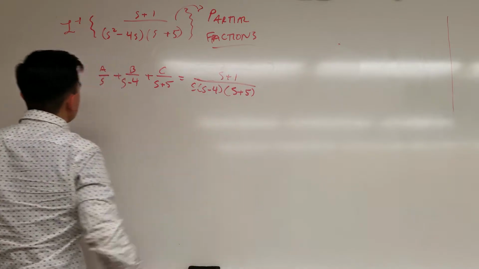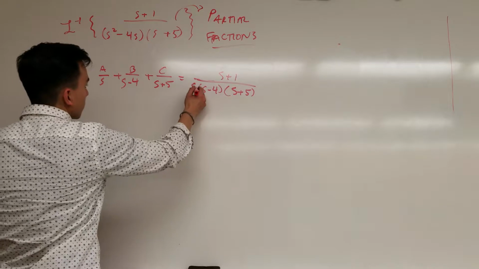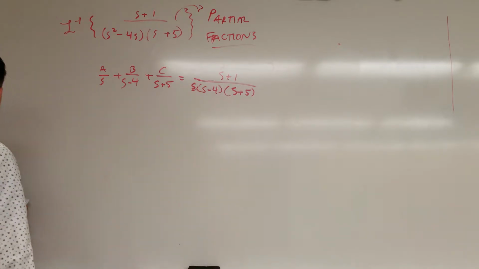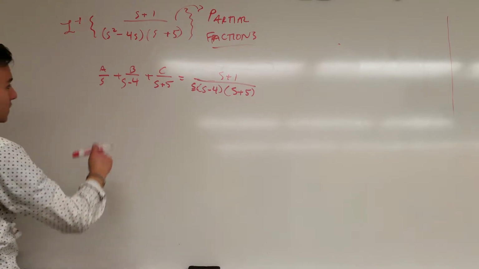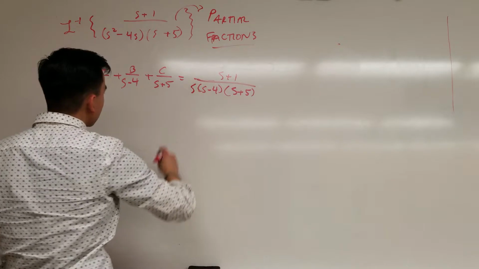All right, so if you know how to solve one of these partial fractions equations, all power to you. And if you don't, it's good to learn now, because you'll be using this a lot.